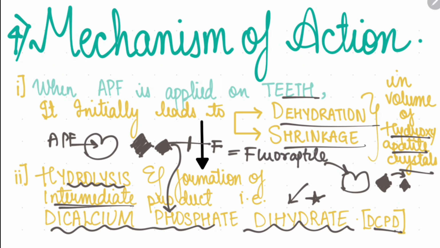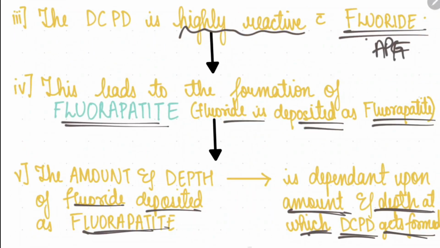From hydroxyapatite, fluorapatite is formed. So fluoride is deposited in the form of fluorapatite on the tooth. The amount and depth of the fluoride deposited as fluorapatite depends upon the amount and depth at which the dicalcium phosphate dihydrate is formed. The more dicalcium phosphate dihydrate is formed, the more fluorapatite crystals will be formed.